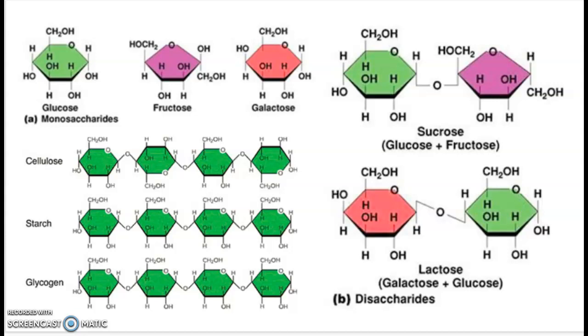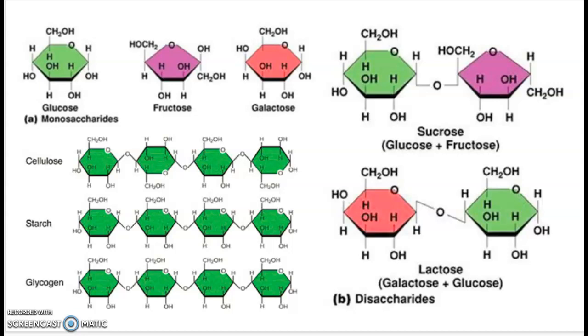Those are examples of monosaccharides. Ribose is another, and deoxyribose yet another, all monosaccharides. Then on the right, we've got sucrose, which is a disaccharide of glucose and fructose chemically bonded to each other. And at the bottom, lactose, which is galactose and glucose chemically bonded to each other.